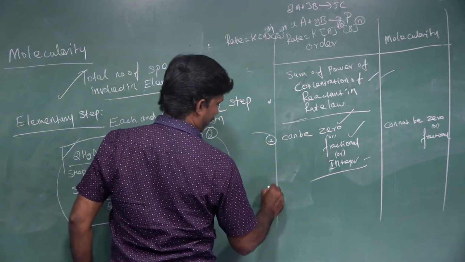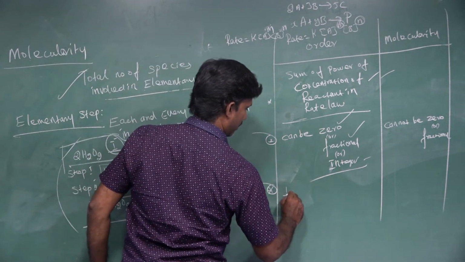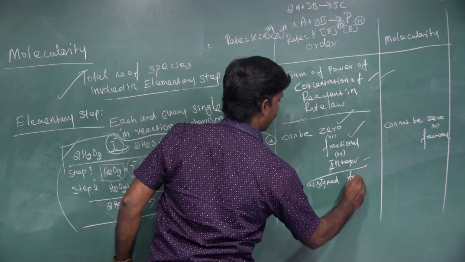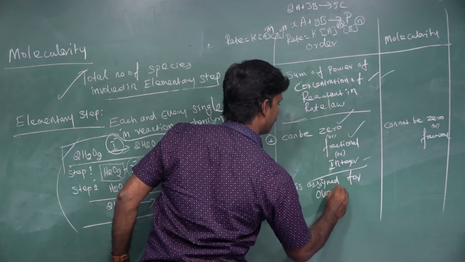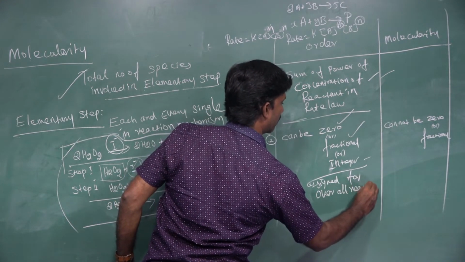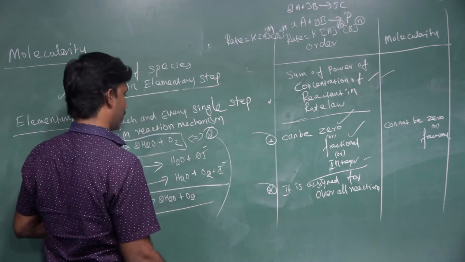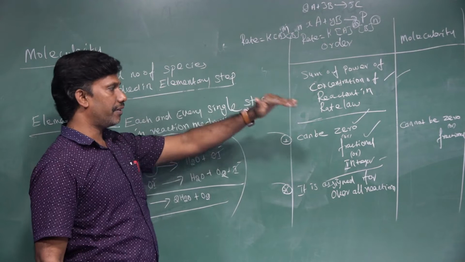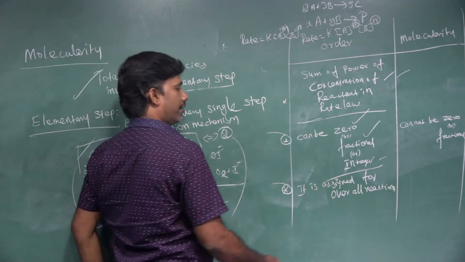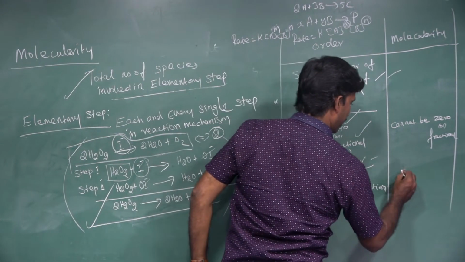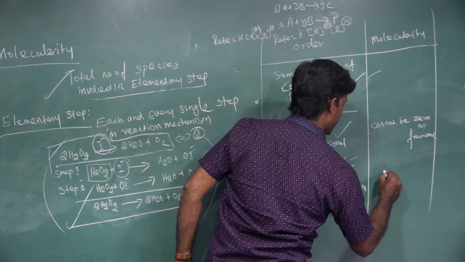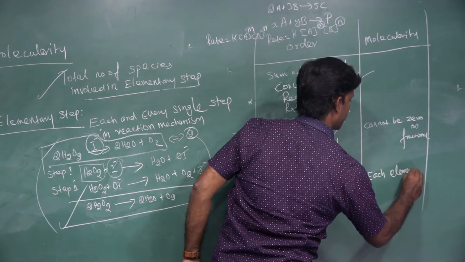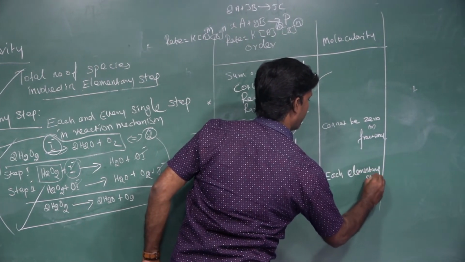Order is assigned for the overall reaction, so the overall order can be given. Whereas molecularity is assigned for each elementary step individually.